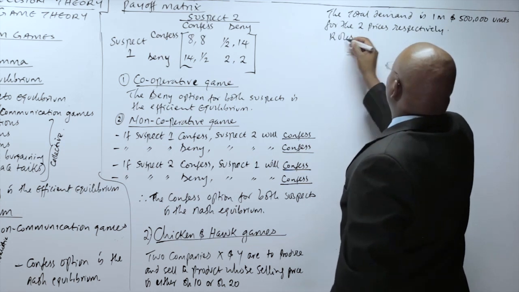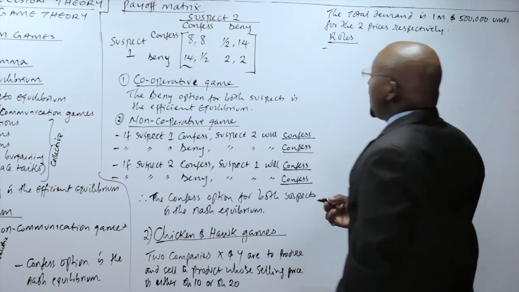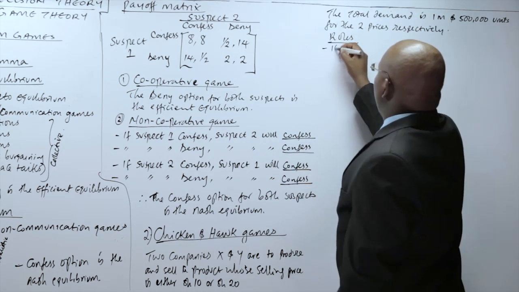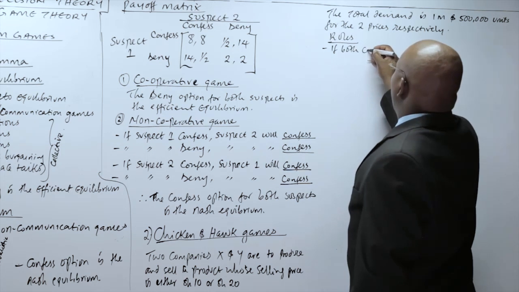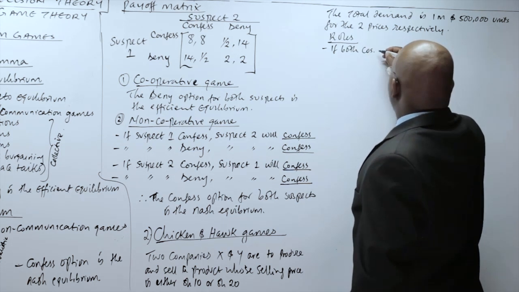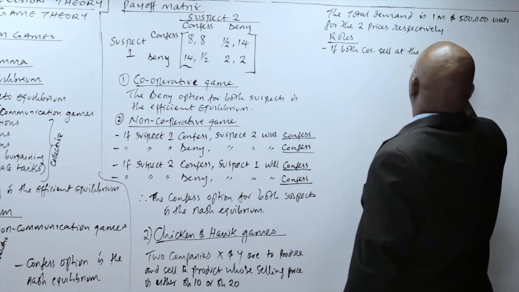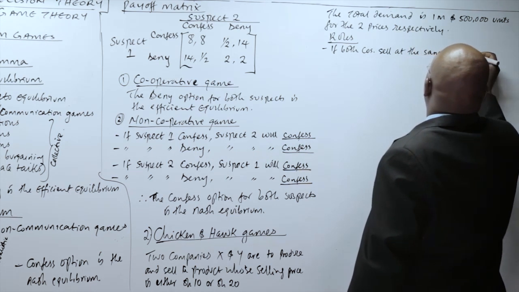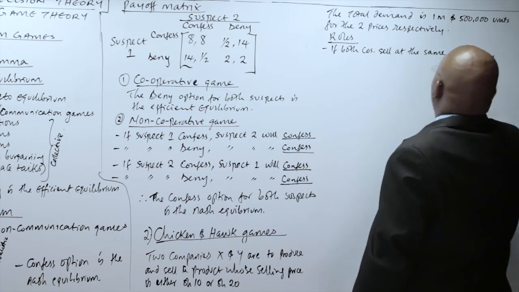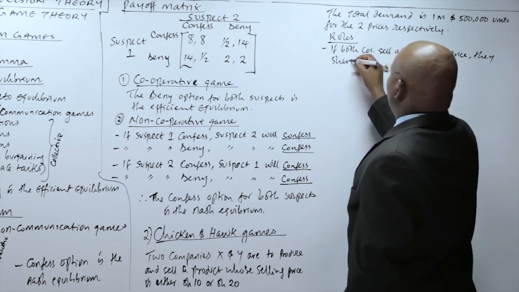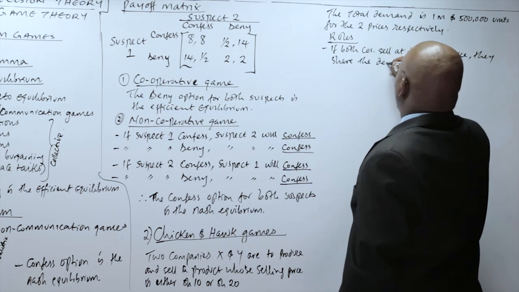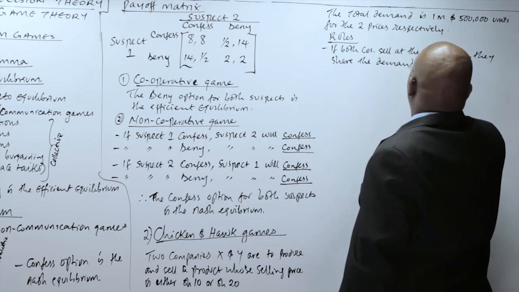Rules. The first rule is that if both companies sell at the same price, they share the demand equally.